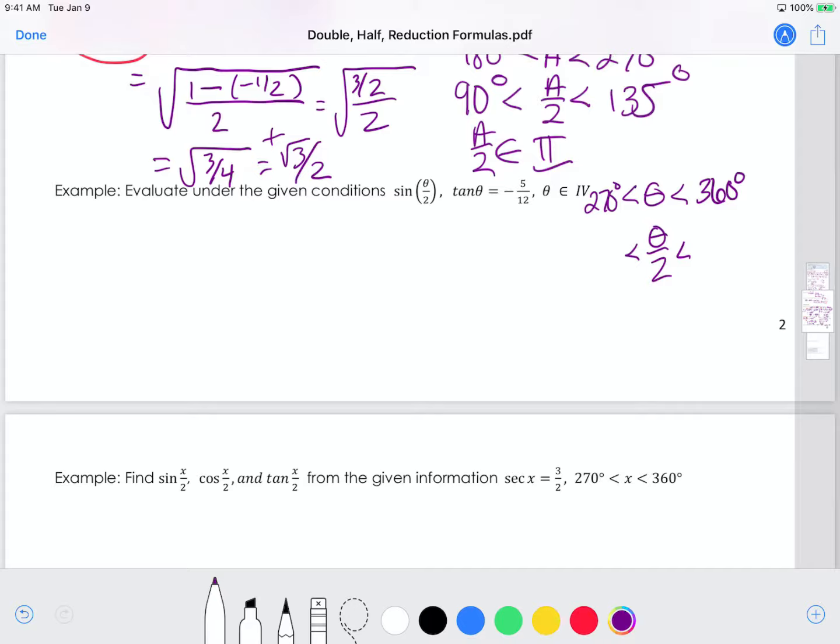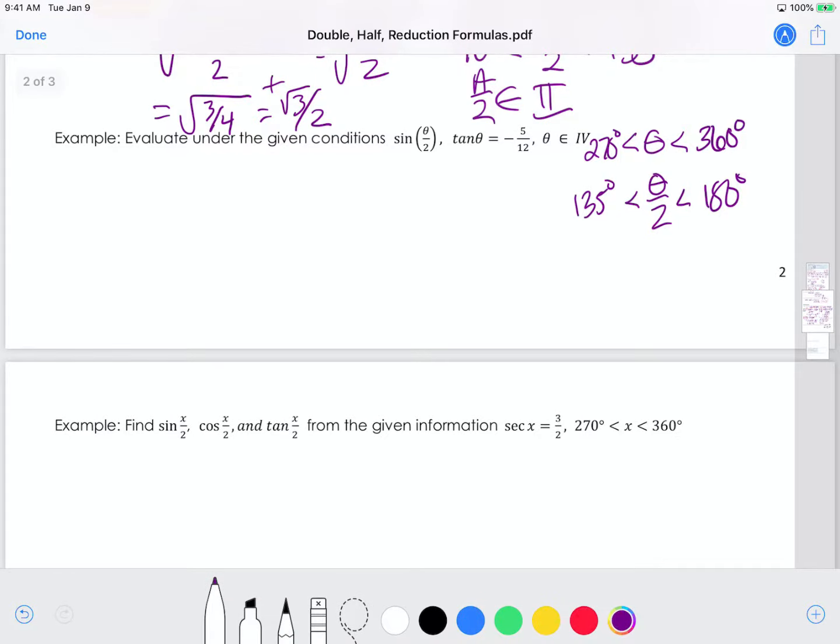When I divide the whole compound inequality by 2, I get 135 as my lower limit and my upper limit is 180. So angle theta is in the fourth quadrant, and angle theta over 2, half that angle, is in the second quadrant. I'm going to label this as theta over 2 is in quadrant 2.